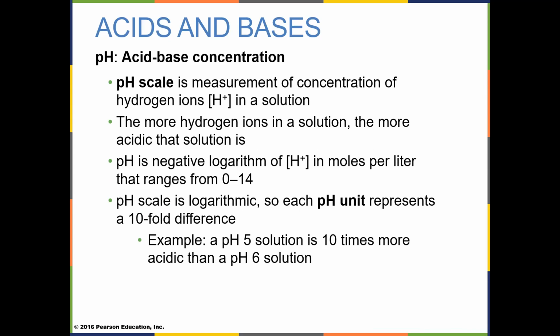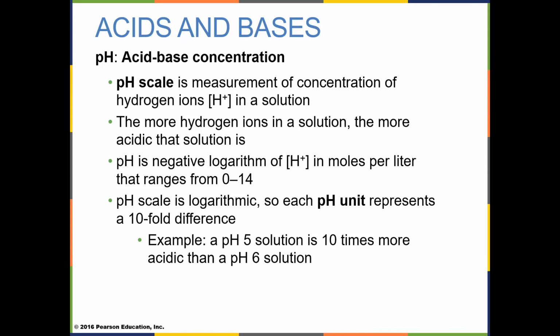And as I said, the more hydrogen ions you have, the more acidic the solution is. So it's nice to know what our pH range is in our bodies and in things we're dealing with. The pH scale, it's a very simple scale. It is the negative logarithm of hydrogen ions in moles per liter, ranging from 0 to 14.